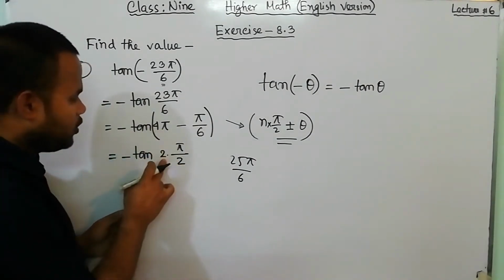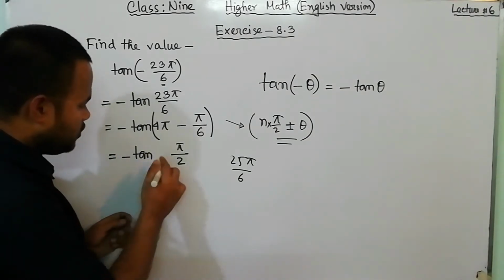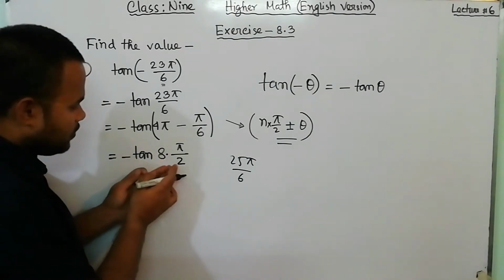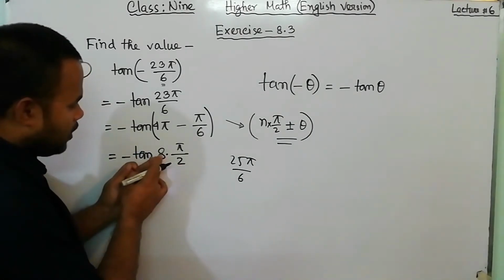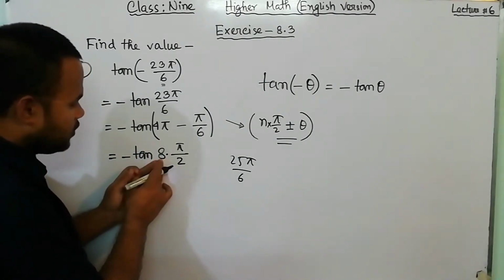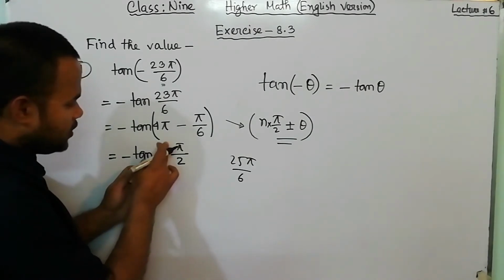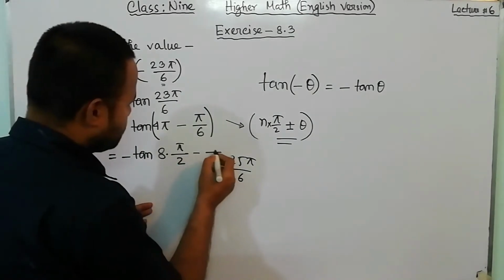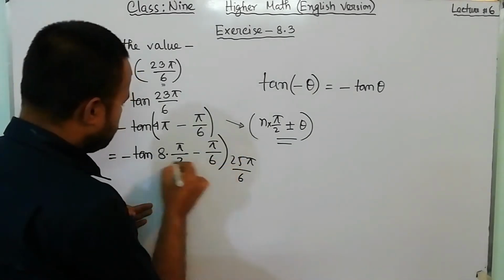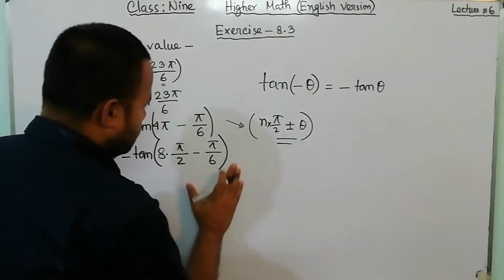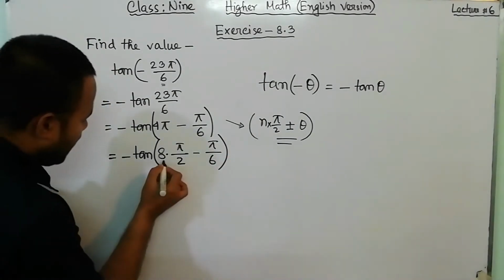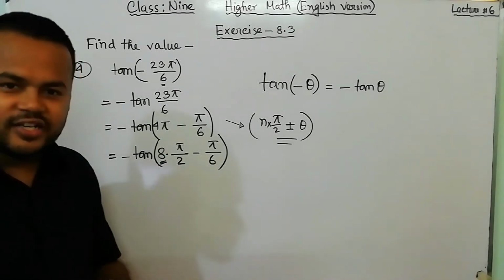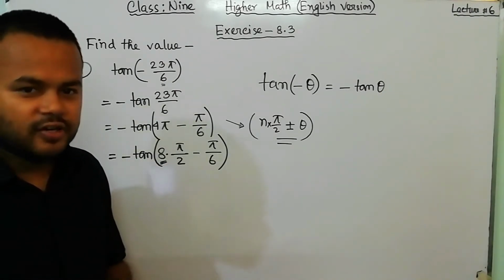That means 4 into 2, that is 8. So we have 8 times pi by 2, which is 4 pi, now minus pi by 6. Here now we have 8, that is even.